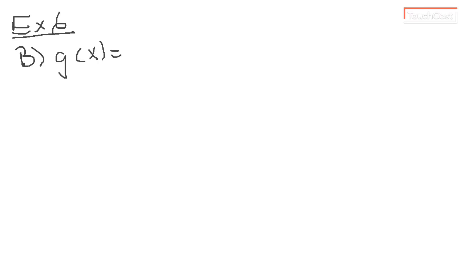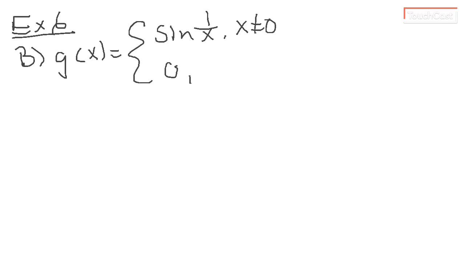So we're still on example 6, but we'll now call this one part B. We're going to look at the function g of x is equal to the sine of 1 over x when x is not 0, and 0 when x is 0.